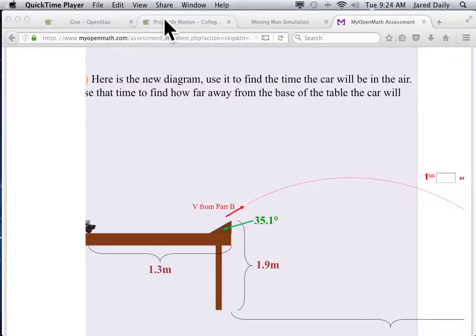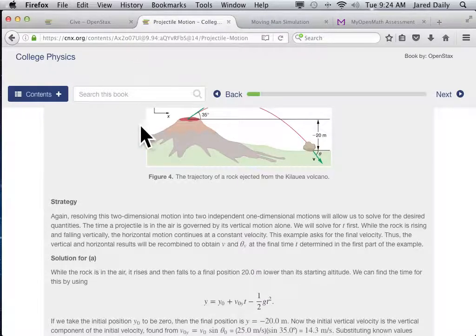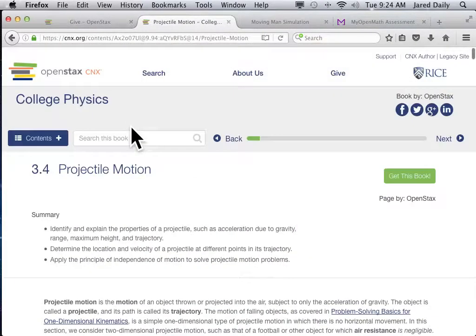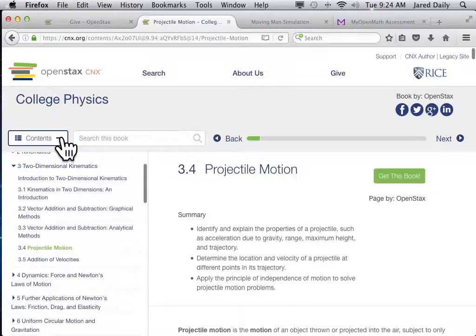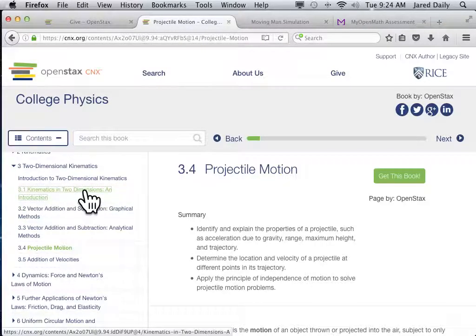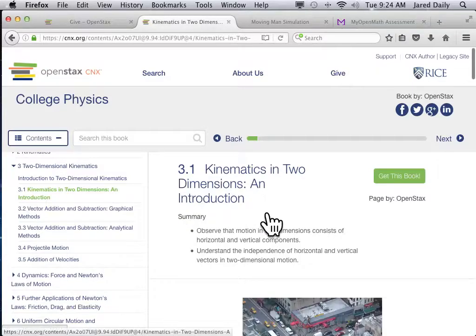I'm pretty good at algebra. Well, that's good because algebra is easily the hardest part in this whole class. There's no question about it. But let's take a look at all the kinematic equations.